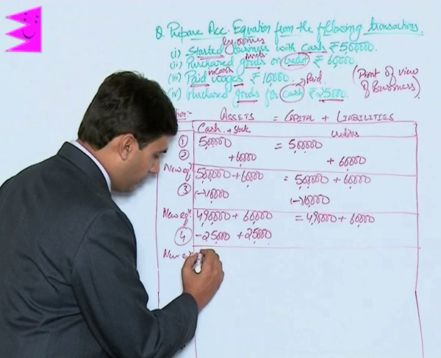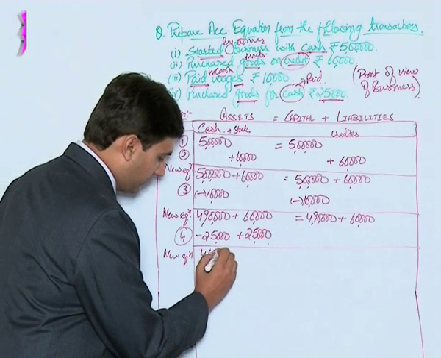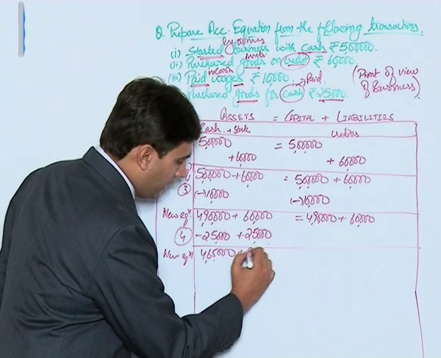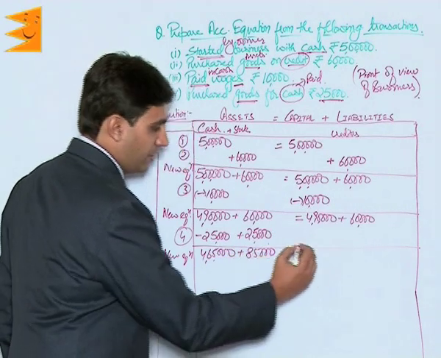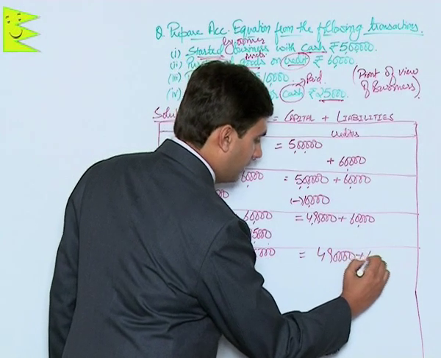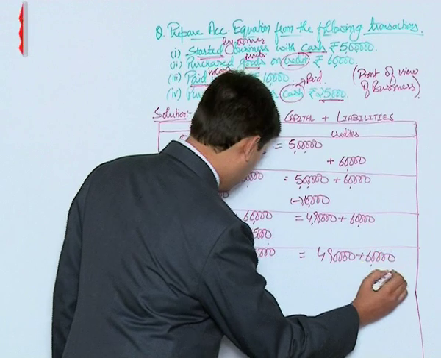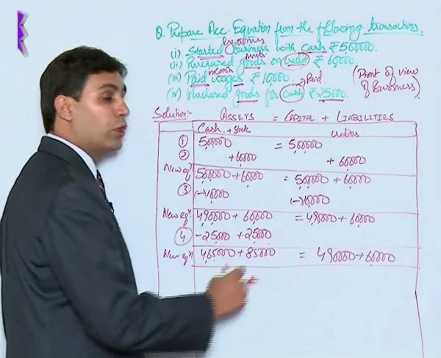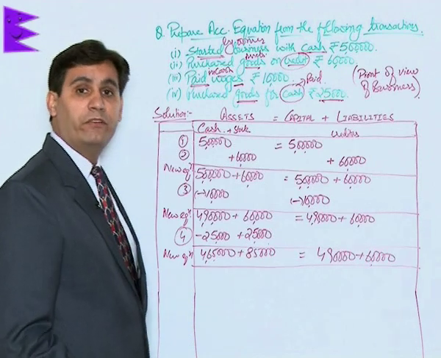Subtracting this amount, this will be 4,65,000. This will be 85,000. This amount will be 4,90,000 and this would be 60,000. And it can be easily verified that the total on both the sides is 5,50,000.